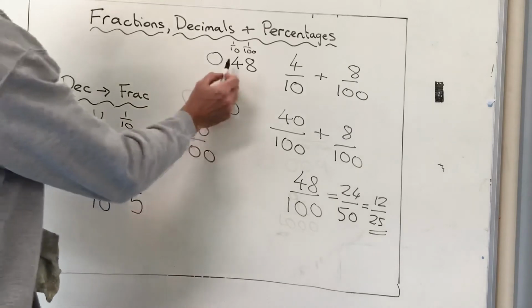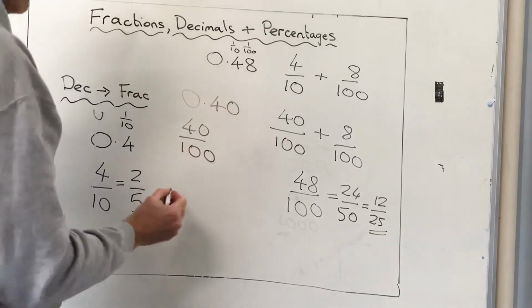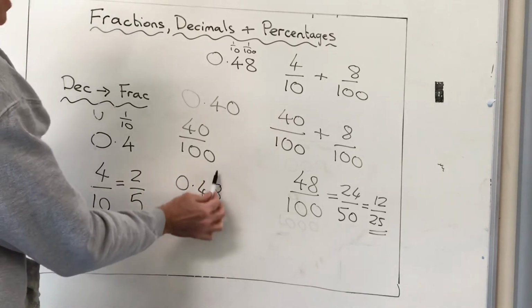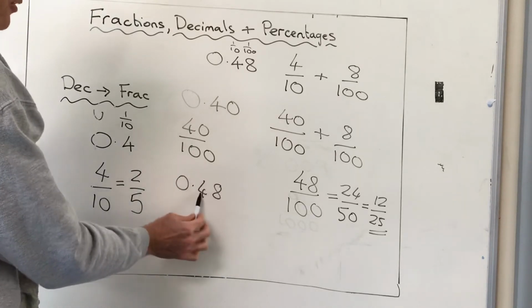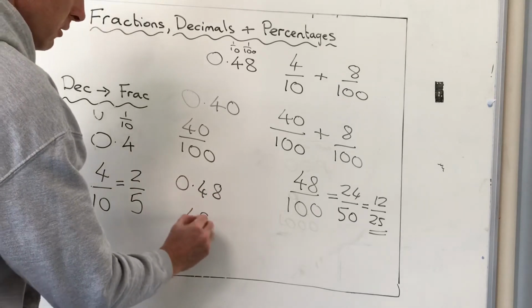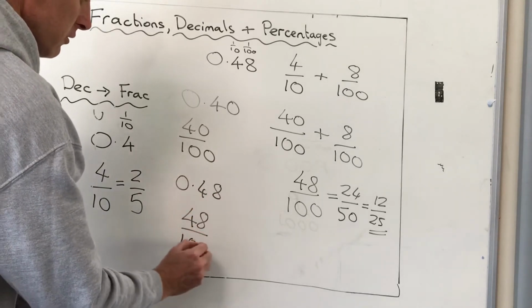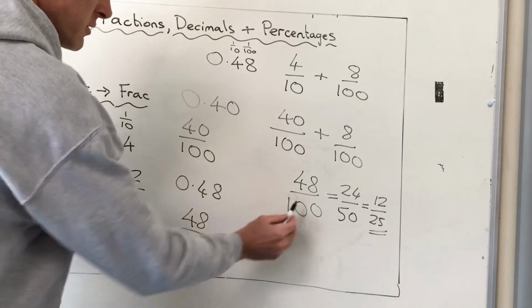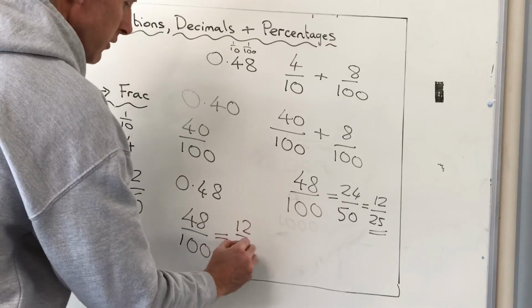So in the same way, 0.48, we can straight away say that's hundredths, that's 4/10, but that's 40/100ths. So in total, we've got 48/100ths. Okay, lowest terms as here, 12/25.